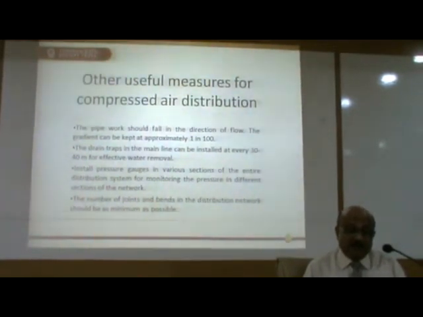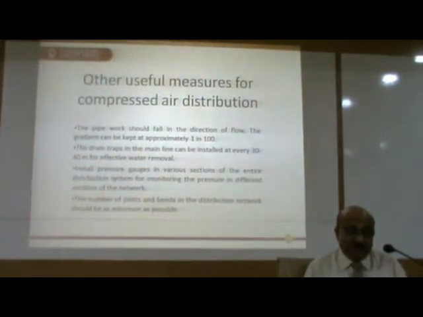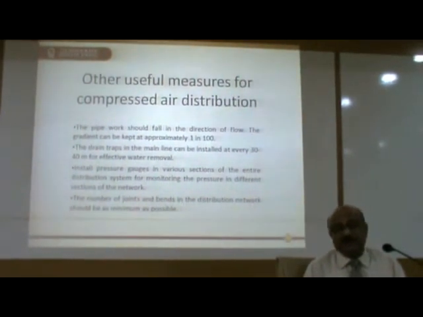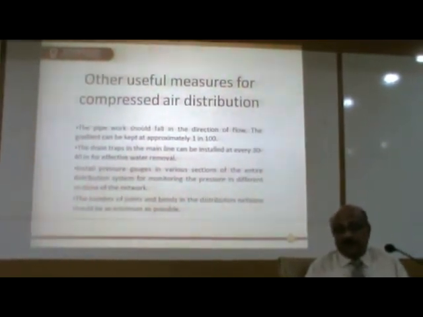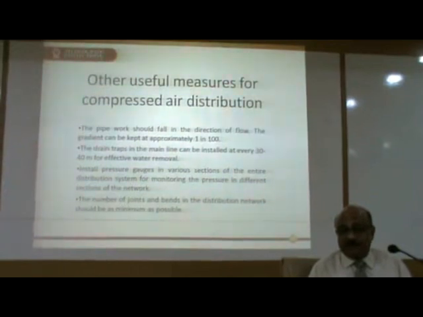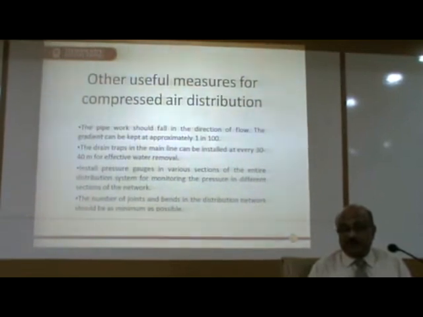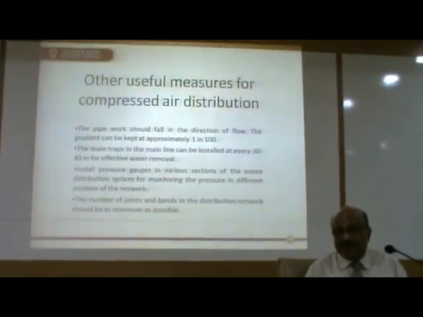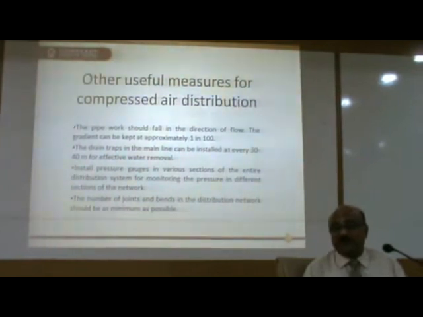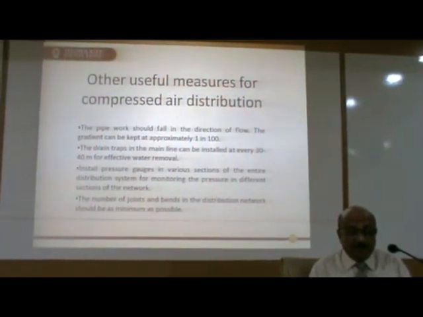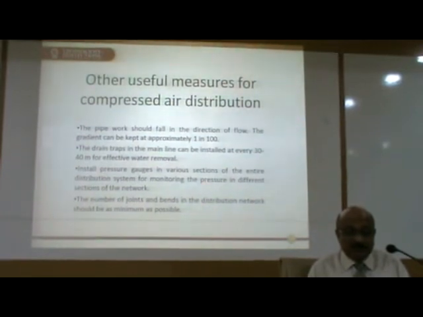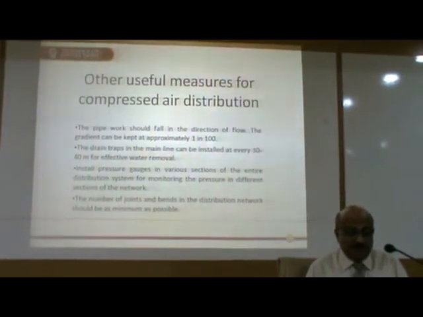Other useful measures for compressed air distribution. One of them is that the pipework should fall in the direction of flow, and the gradient can be kept at approximately 1 in 100. Instead of straight piping, the pipe should be on a slope, so that the drain traps will easily trap the moisture. Moisture traps should be installed every 30 to 40 meters of the pipeline for effective water removal.